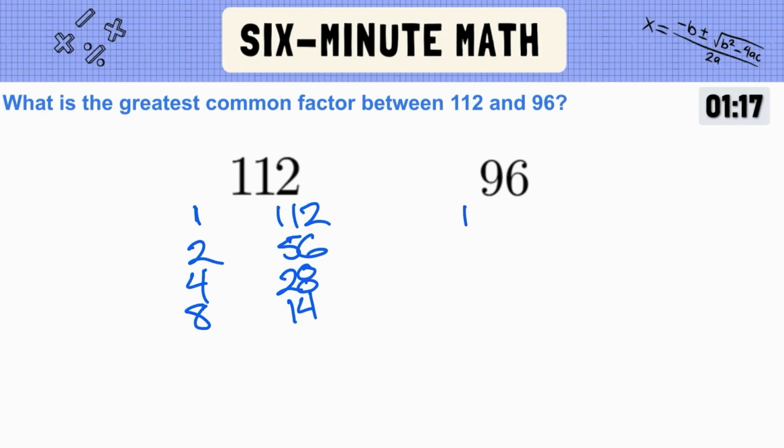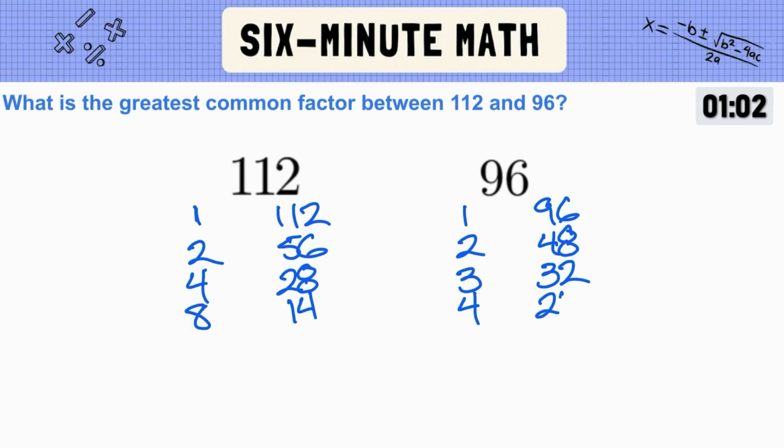And for 96, I have 1 and 96, 2 and 48, 3 and 32, 4 and 24, 6 and 16, and 8 and 12.